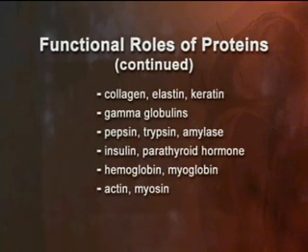Some of the enzymes, examples include pepsin, trypsin, amylase, and a number of others as well. And I mentioned that the majority of hormones are formed of proteins. Here are just 2 hormones as examples, insulin and parathyroid hormone. Oxygen-binding proteins include hemoglobin and myoglobin, and contractile proteins, among others, include actin and myosin.